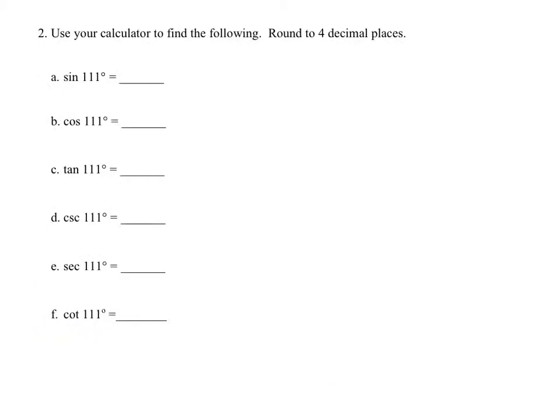So now, again, we're going to do the same thing with 111. So the sine of 111 is going to equal 0.9336, rounded to 4 decimal places. Cosine of 111 is going to be negative 0.3584.